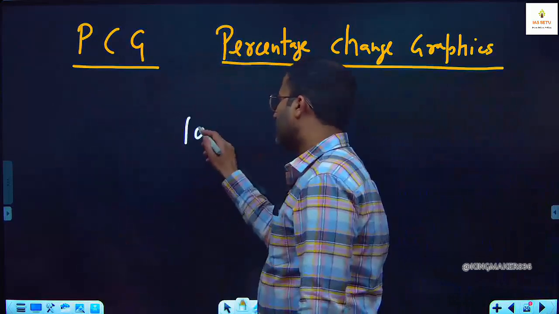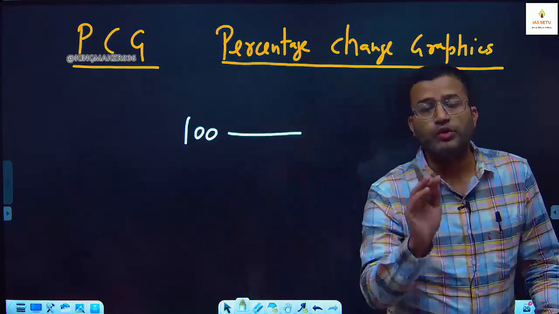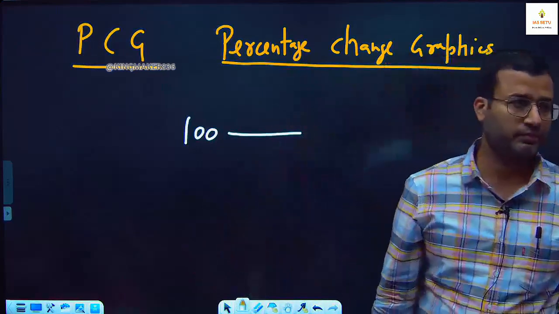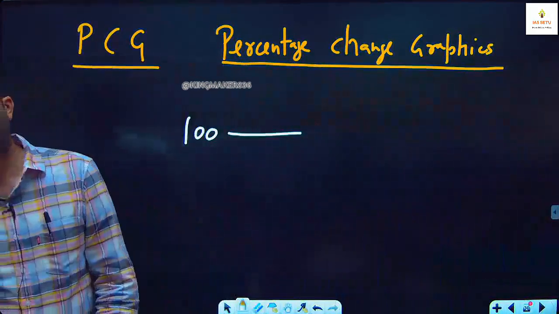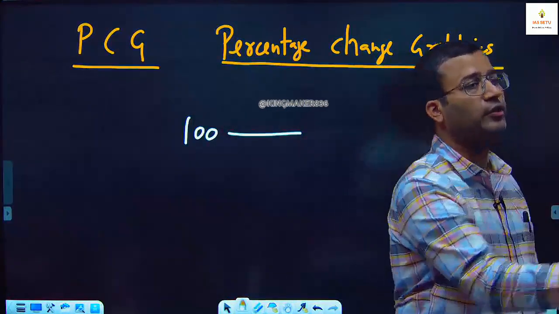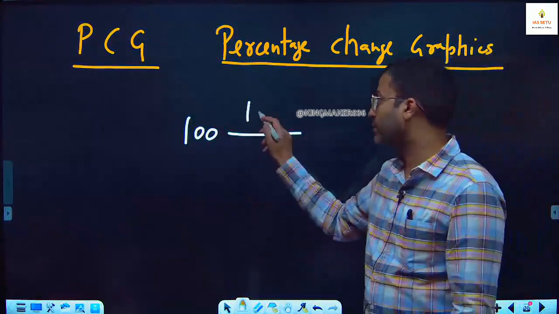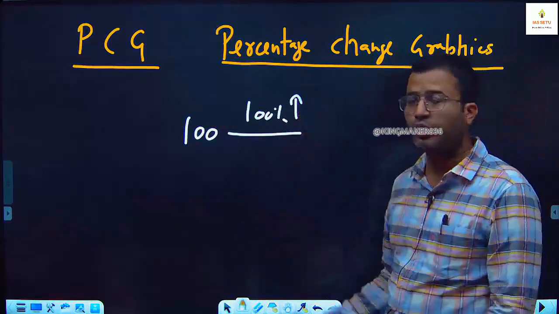Now here, for example, first example, you have 100 rupees with you. One day you met your best friend. He or she wants a 100% increment in your value. Okay? They want a 100% increase in your value. Or before that, let me tell you one thing.